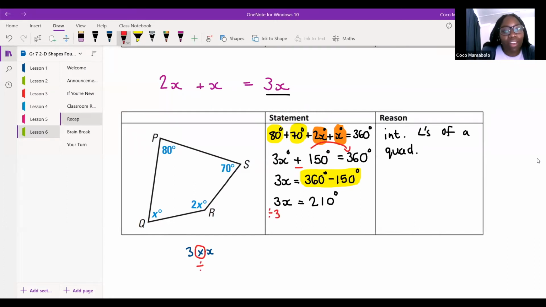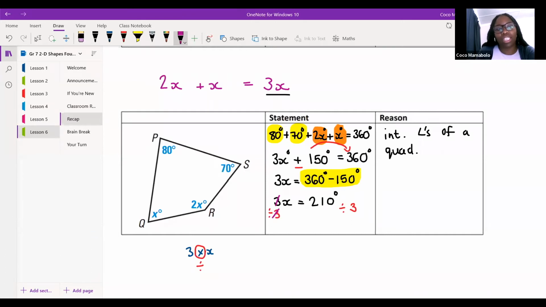And if I divide by 3 on the left-hand side, I'm going to have to divide by 3 on the right-hand side. And what's going to happen is 3 divided by 3 is going to give me 1, just 1x.